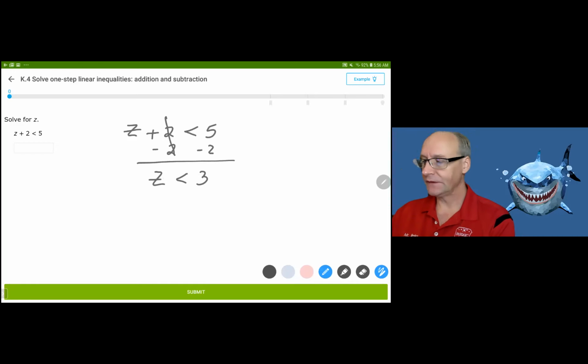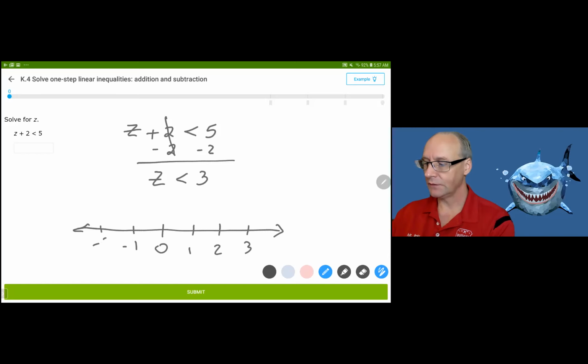Now, there's an infinite number of solutions that are less than 3: 2 and 1, but all the decimals are also included, and 0, and all of the negatives as well. If we'd like to see this on a number line, sorry, it's a funky looking number line. Here's our 0, and here's 1, 2, 3, and here's a -1 and a -2.